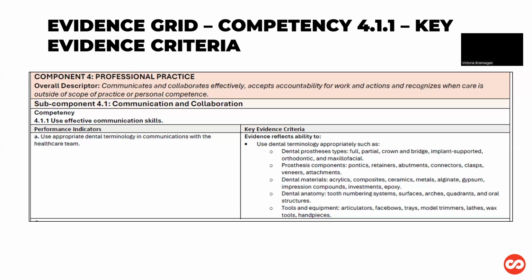Look at the performance indicator. They need you to demonstrate that you can use appropriate dental terminology in communications with the healthcare team. We've given you the key evidence criteria. You're going to go over that list and really familiarize yourself with what it is that the evaluator wants to see. Then you ask yourself those questions.